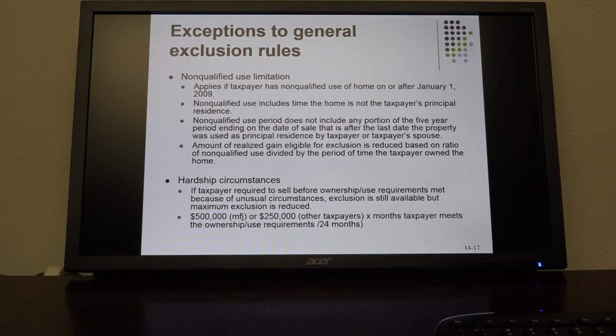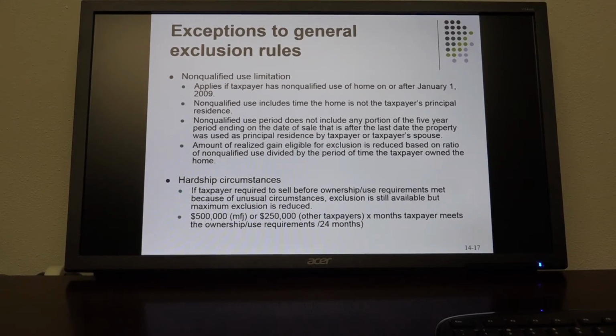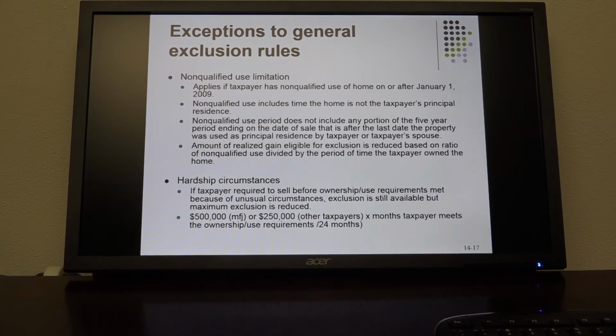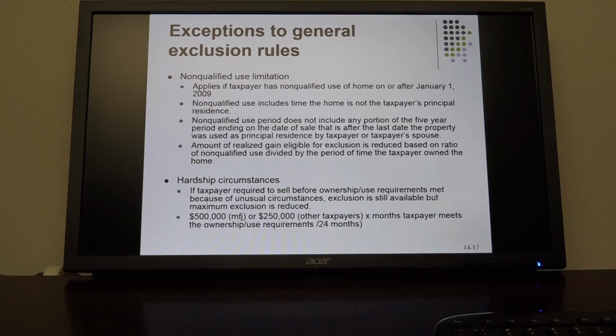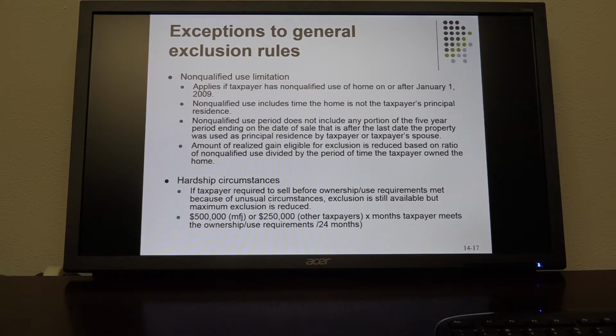Now, they don't get into deep detail as to what qualifies as a hardship, but it says that it could be due to a change of employment, significant health issues, or other unforeseen financial difficulties. So, kind of broad and vague.